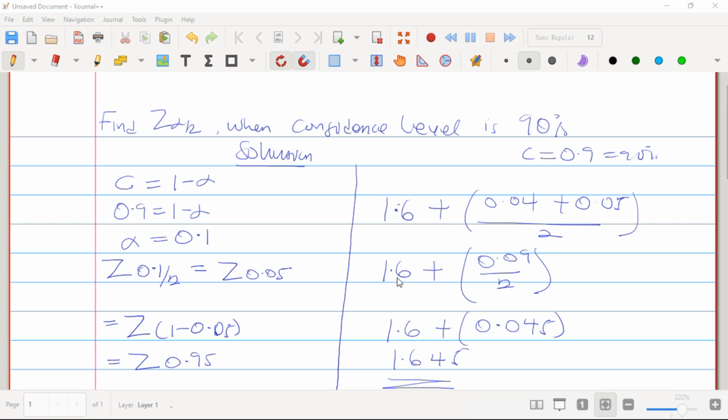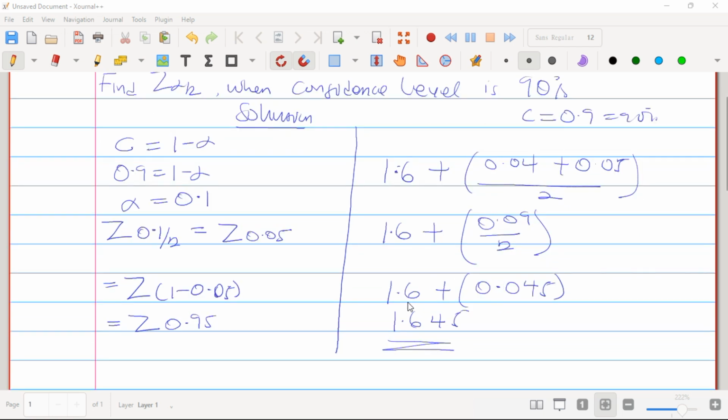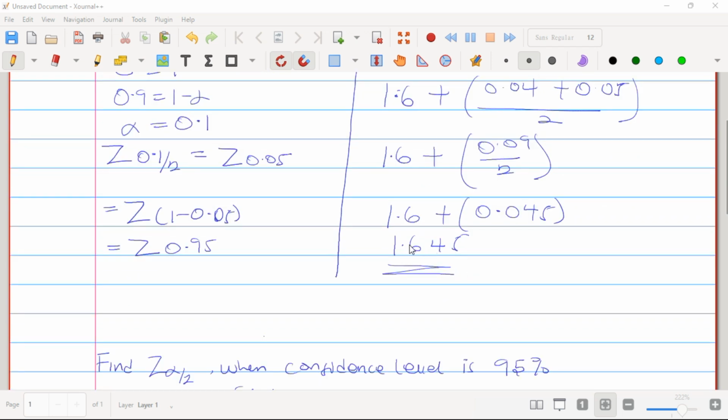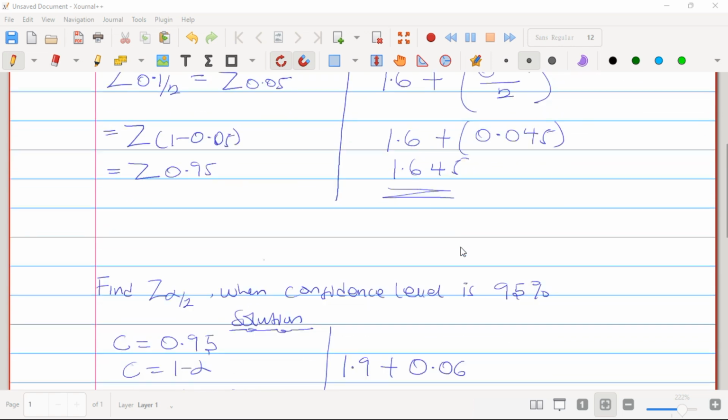We are going to get 1.6 plus 0.09 divided by 2, and we are going to get 1.6 plus 0.045. When you add it, you are going to get 1.645, right? So this will be our z-subscript alpha divided by 2 when our confidence level is 90%. We are going to get 1.645.